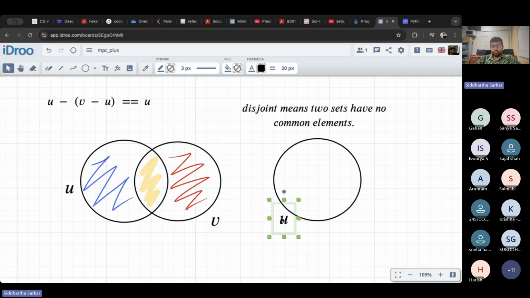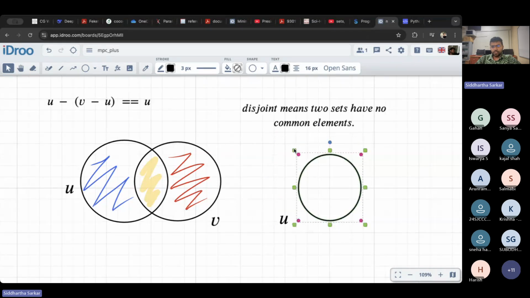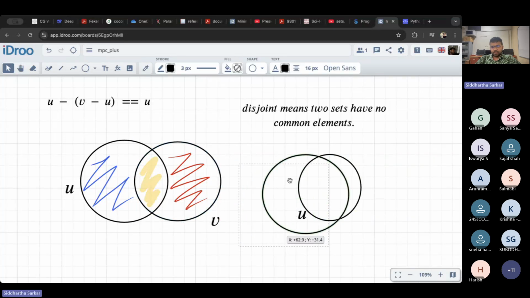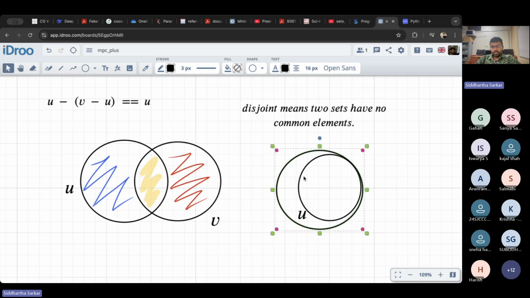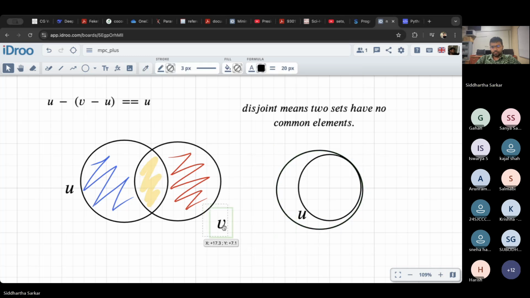This is U. I'll make it slightly smaller so that it can become a subset. This is U, a subset of V. This is the situation of the third option.